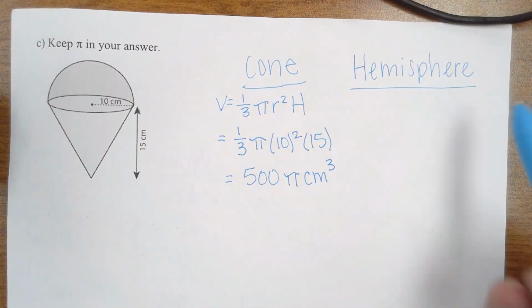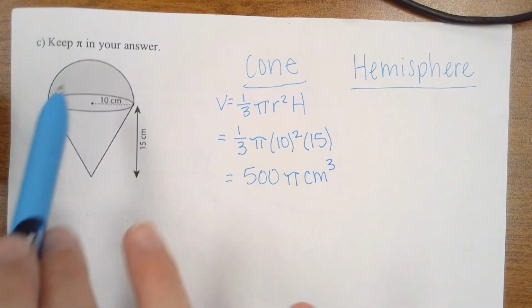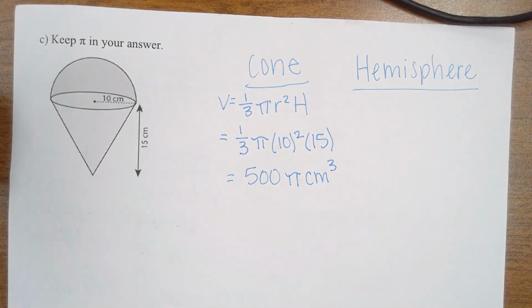All right, now for the hemisphere. We do not have a formula for the hemisphere because we taught you guys the entire sphere. If you only have half of a sphere, in other words a hemisphere, you're just going to take your formula and divide it by 2.